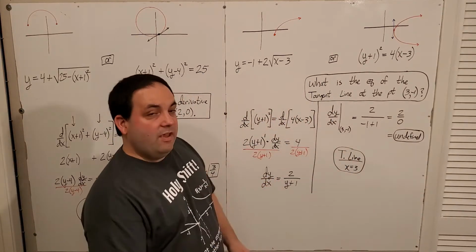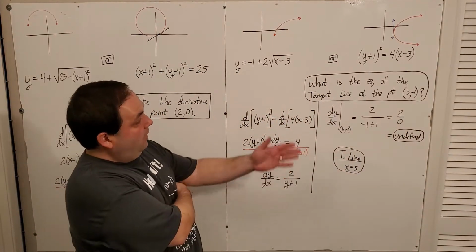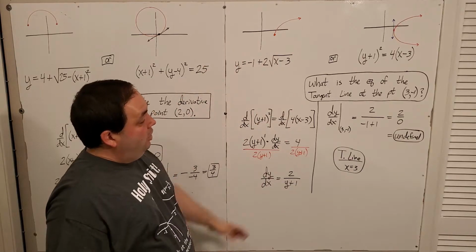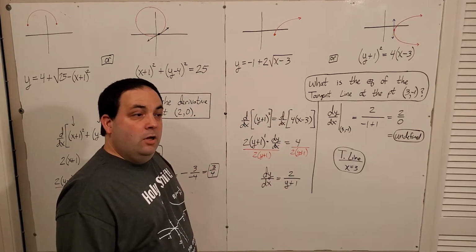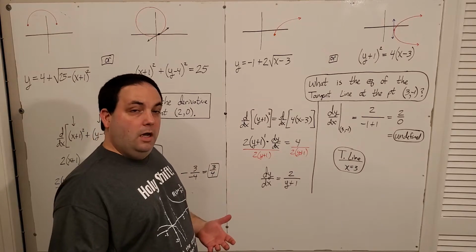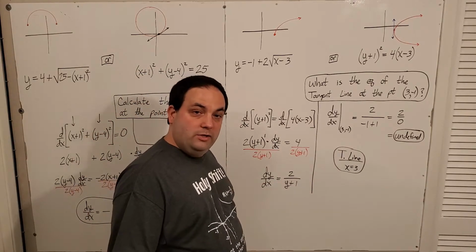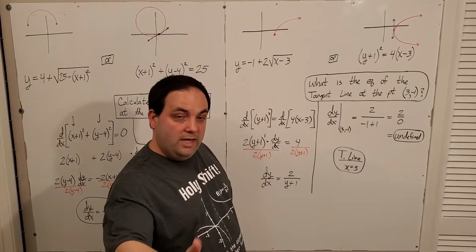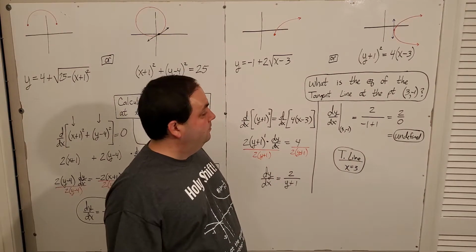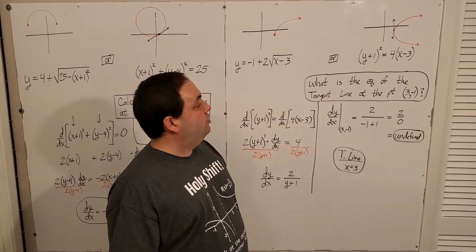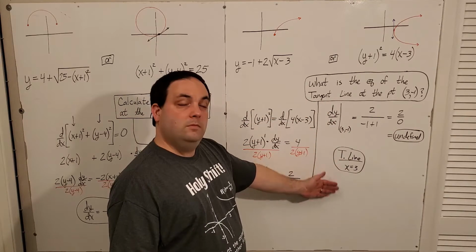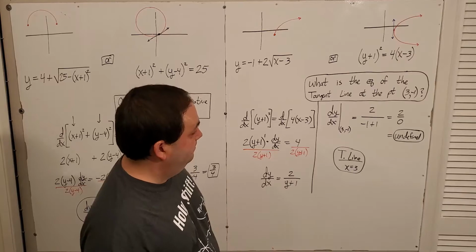It's okay to have a vertical tangent point, okay? That's what's happening. Your derivative will be undefined there, but it'll be that gray area kind of infinite undefined. And it just depends on your situation as to whether you can answer the question you're being asked or not, okay? But you can give an answer to a vertical tangent line. It'd just be x equals 3 in this case, okay?